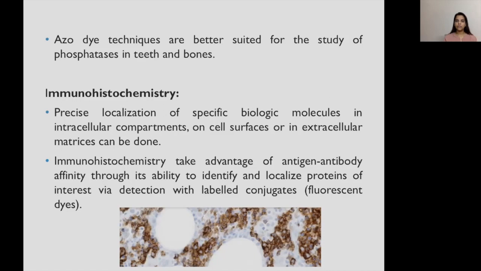Like I've said, in immunohistochemistry, they take advantage of antigen-antibody affinity through its ability to identify and localize proteins of interest by detection with labeled conjugates. So that we use fluorescent dyes.